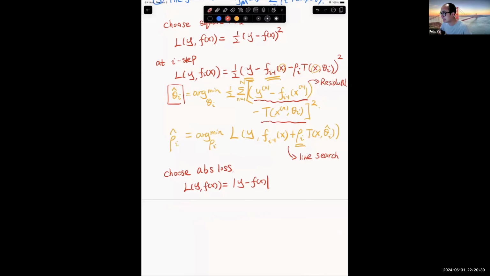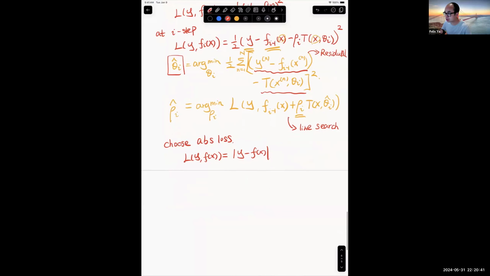The whole idea is that we should come up with the negative gradient of the loss function with respect to the model.